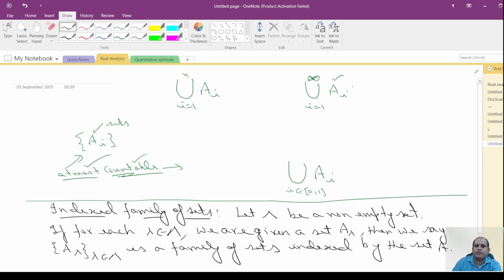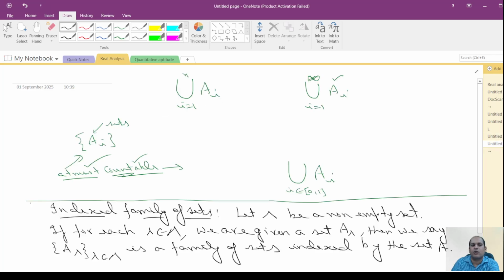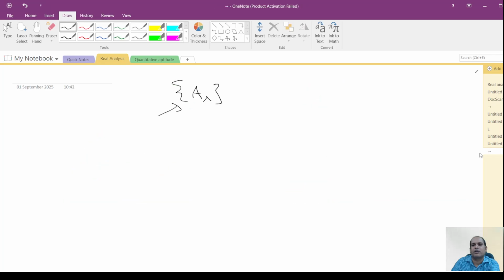Whenever a collection of sets is given, say A_lambda, this collection may be empty, it may be finite, or it may be infinite, and within infinite it may be countable or uncountable. So, if an arbitrary collection is given, then we will use the concept of index set. We will not use the earlier definition.